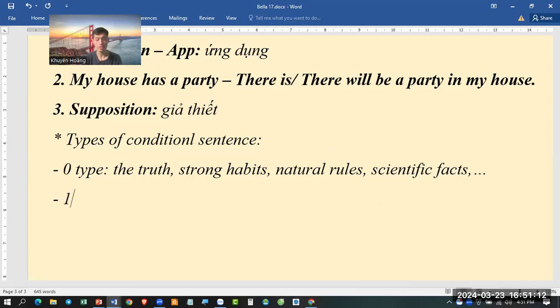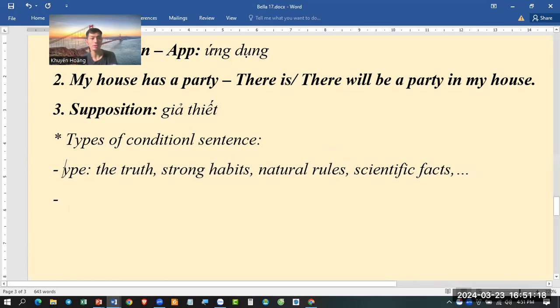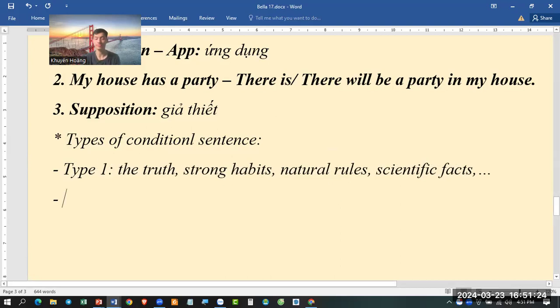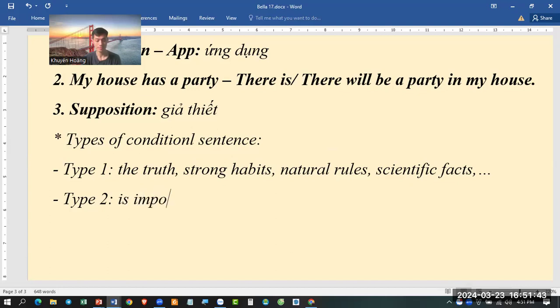So I'm gonna make it type zero and type one. Type one is similar to a family story that happens in the future. Type two talks about something impossible to happen, right?